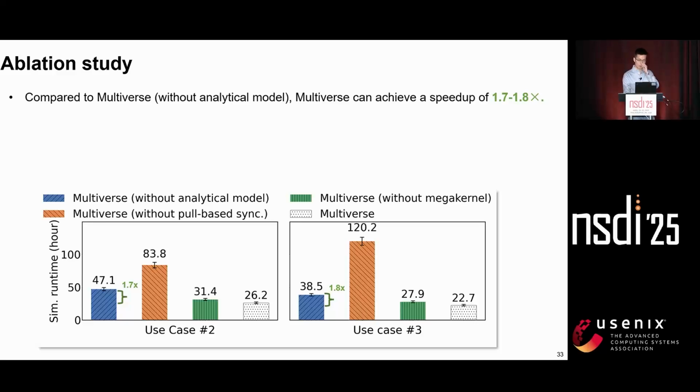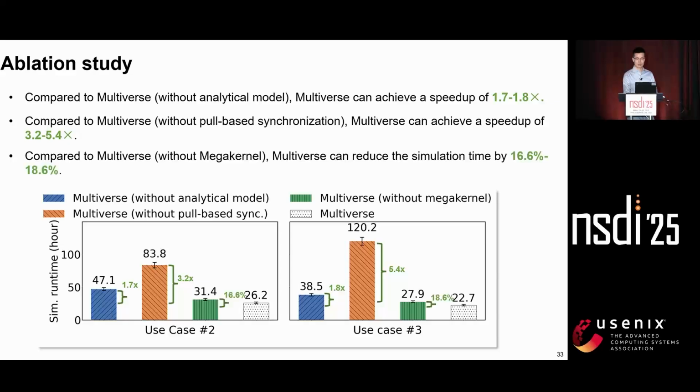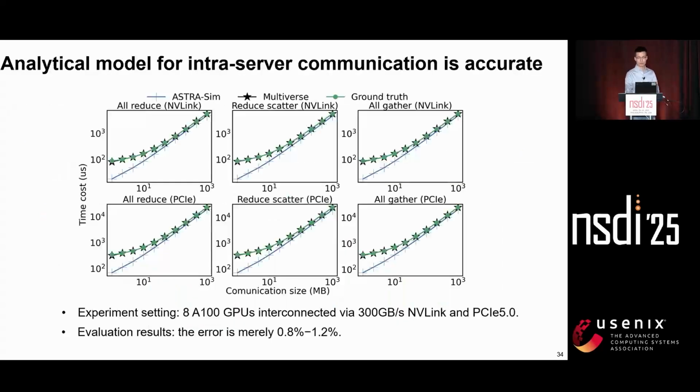And when we employ pool-based synchronization, Multiverse can achieve a 3.2 times speedup. Finally, with the kernel fusion technique, Multiverse can reduce the simulation time by 16.6 to 18.6%. As for analytical model evaluation, results show that the error is merely 0.8 to 1.2%.